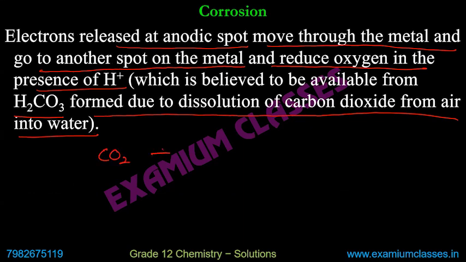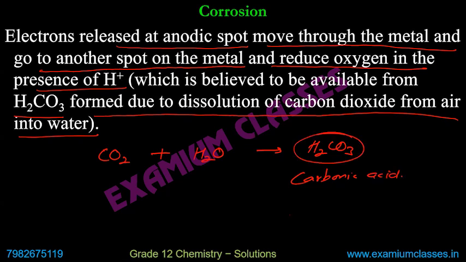Carbon dioxide present in air when reacts with water produces H2CO3, carbonic acid. So it is believed that this carbonic acid gets ionized in proton and bicarbonate ion. So these might be obtained from there as well.